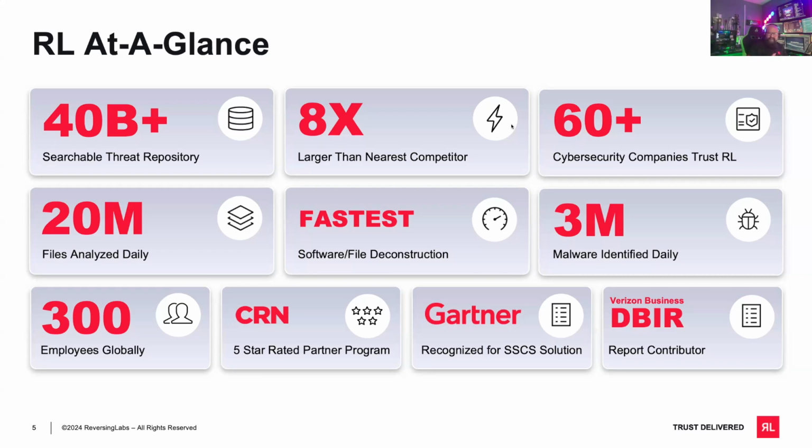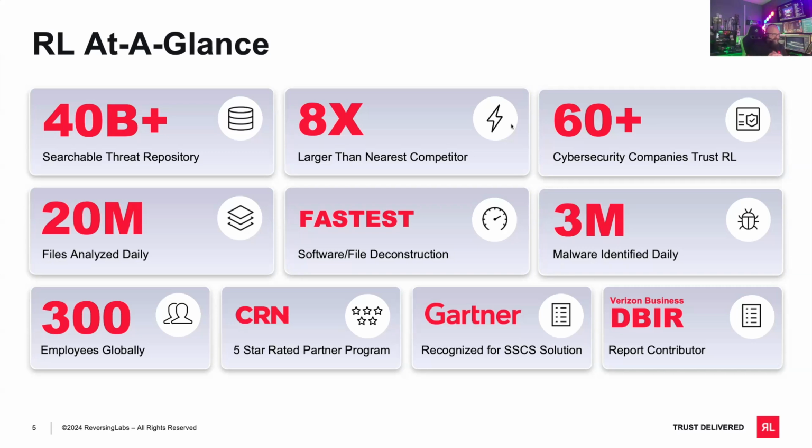What a lot of people don't know about us is that more than 60 of the leading cybersecurity companies use us. They take our feeds to get file reputation and verdicts on whether files are good or bad. So you're probably already using us inside solutions that you have, and you just didn't know it.